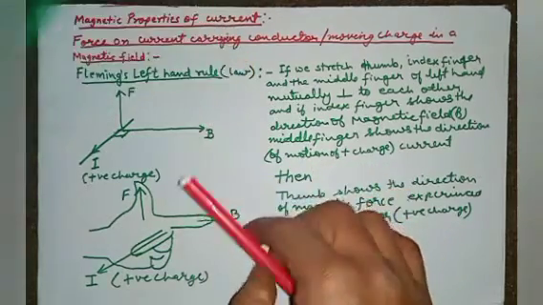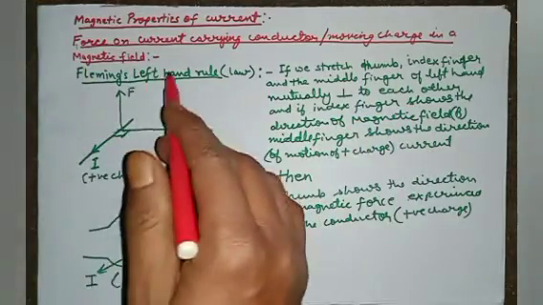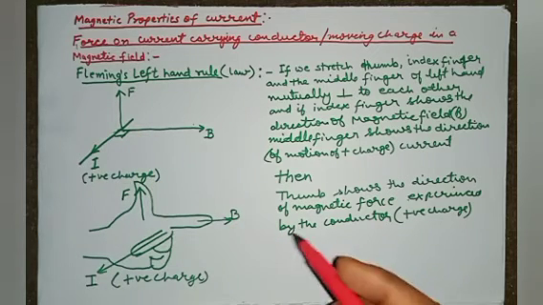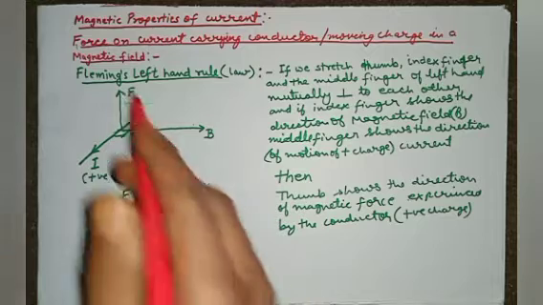So the title of today's topic was force on current carrying conductor or moving charge, and I came up with this rule, which is Fleming's rule, and sometimes called Fleming's law also. Now what about this force?